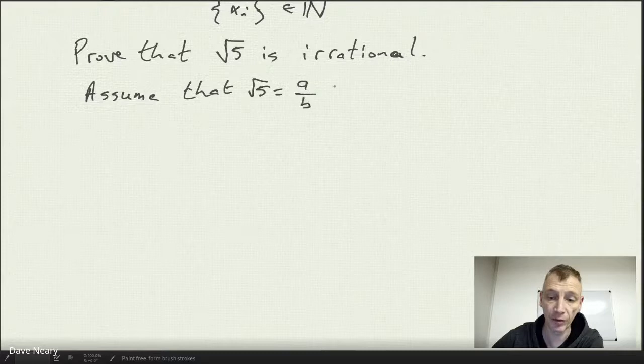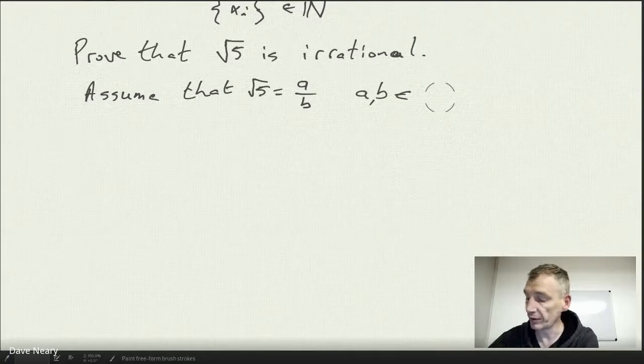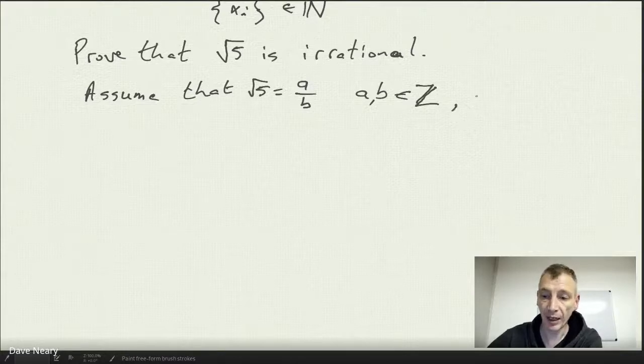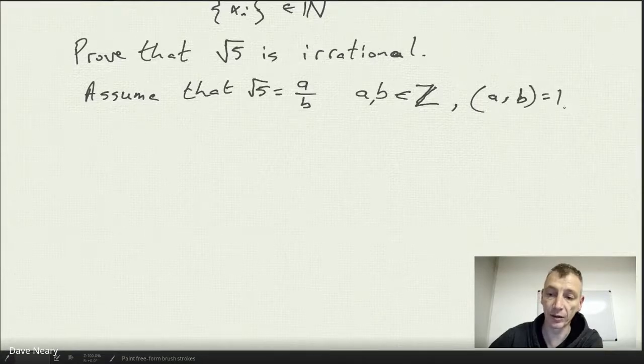It's equal to a over b with a, b in the natural numbers. Well, or in, I should say, in the integers. But since the square root of 5 is greater than 0, we would be okay if we said in the natural numbers. And the greatest common divisor between a and b equal to 1.